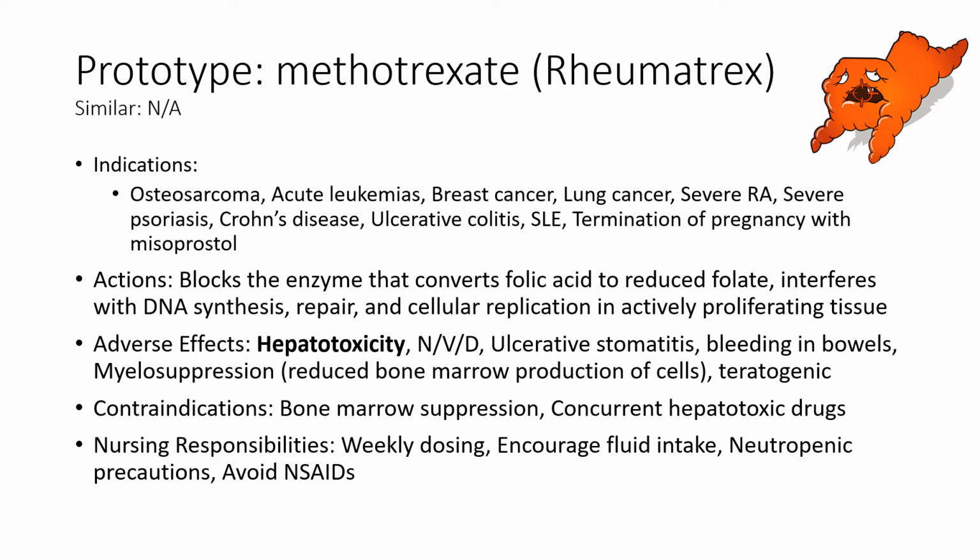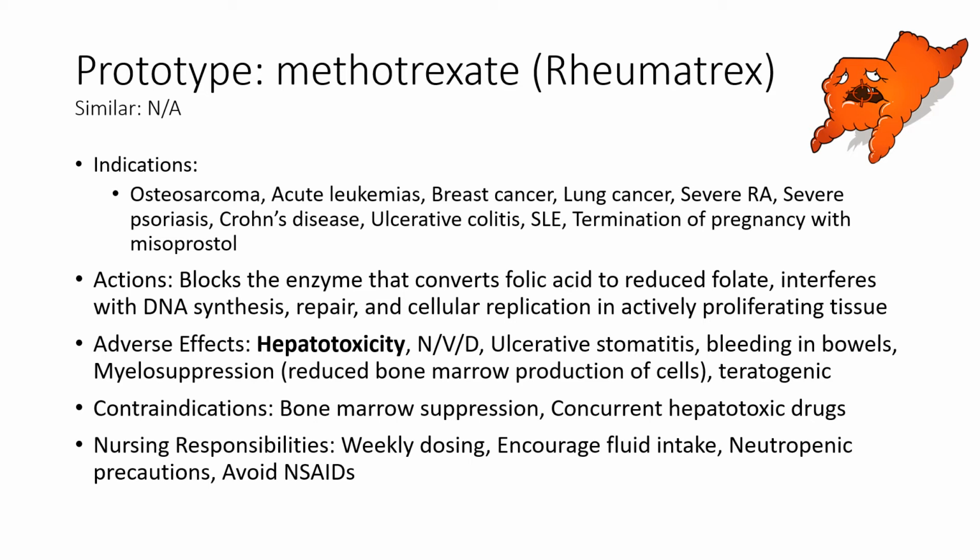And also there's an interaction between non-steroidal anti-inflammatories and methotrexate. I mentioned to you that methotrexate is used for a lot of inflammatory conditions, autoimmune conditions, and one of them is rheumatoid arthritis. People take non-steroidal anti-inflammatories all the time for rheumatoid arthritis, and they're also prescribed methotrexate to slow down the autoimmune disease.